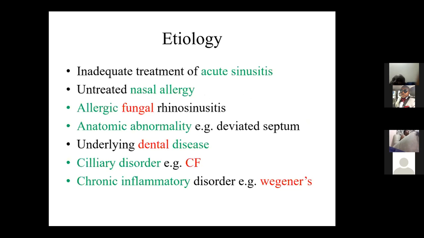Then allergic fungal rhinosinusitis, anatomic anomalies, so a deviation of the septum can predispose this person to recurrent sinusitis that is not treated and lasts longer than 12 weeks. Underlying dental disease can also cause this, and then cystic fibrosis in this patient, so cystic fibrosis can also lead to chronic sinusitis.